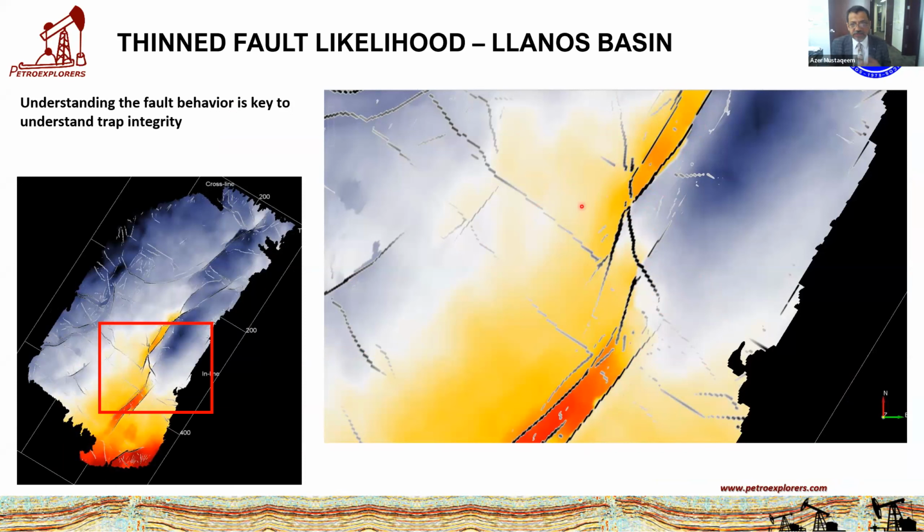As the fault likelihood brings it out, there are these channel edges which come as a low probability of fault, but these are the main faults. So using this fault behavior, you can assess your risk of the faults' continuation, where it is sealing, where it's not sealing, and what lithology is on the upper side and downside.